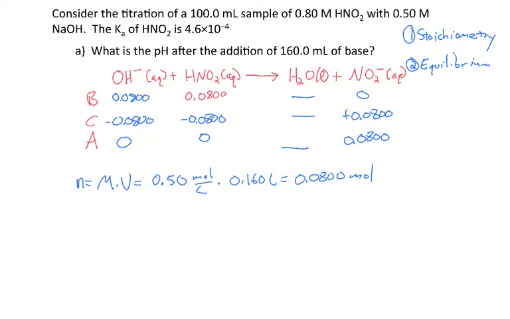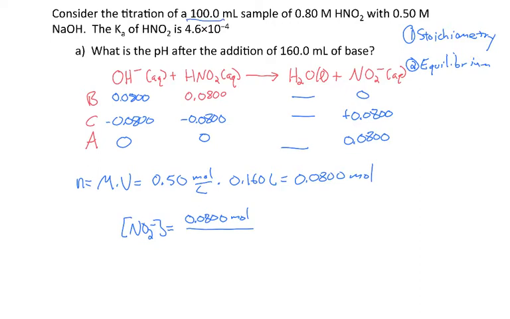But to calculate the pH of a weak base, I need to know its concentration, and this is its moles. So I need to get the concentration of NO2 minus. So to get that, I'll just do molarity is equal to moles over the volume. So I'll take the moles over the volume, but I need to be sure to use the total volume.